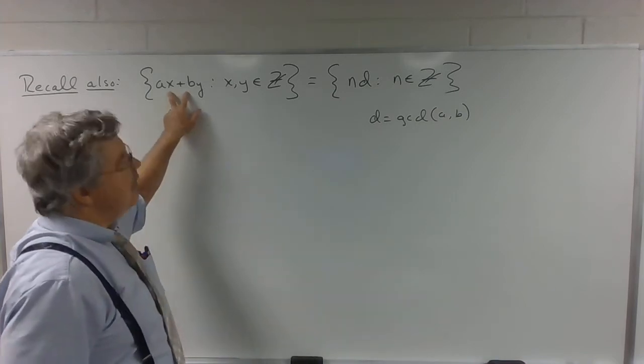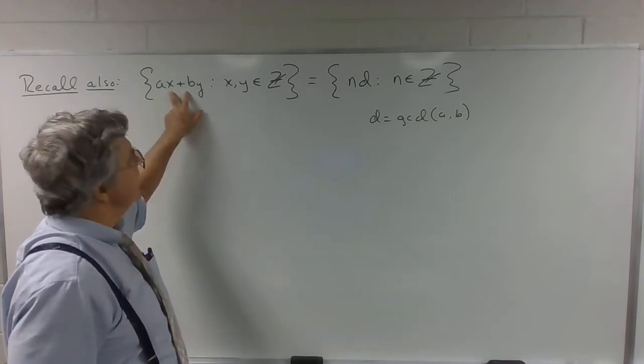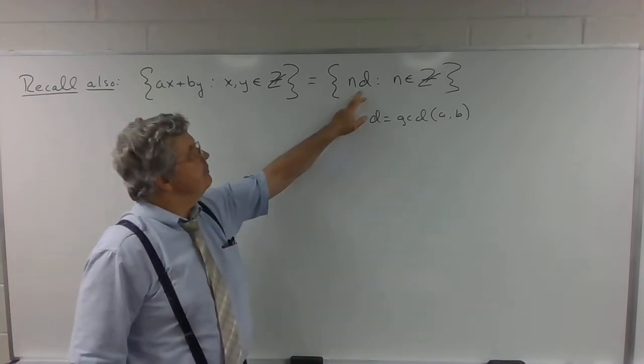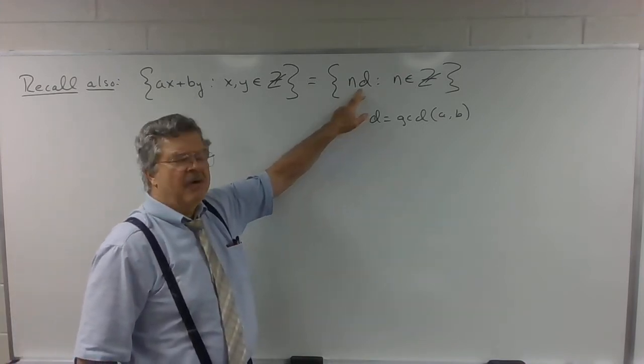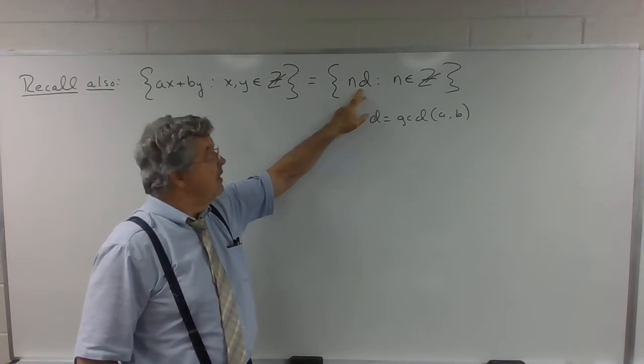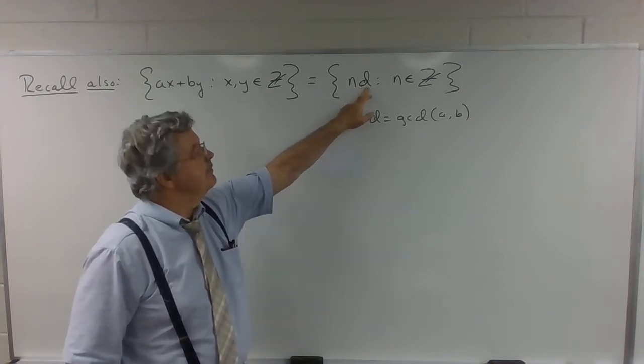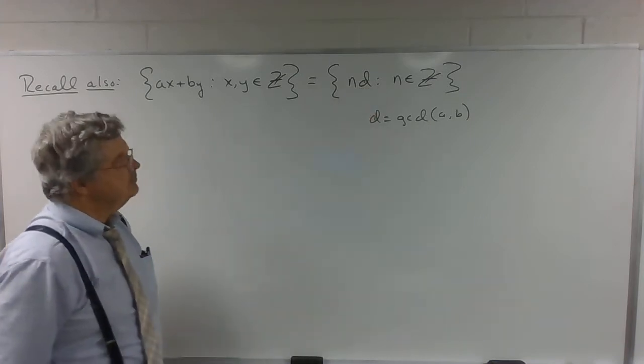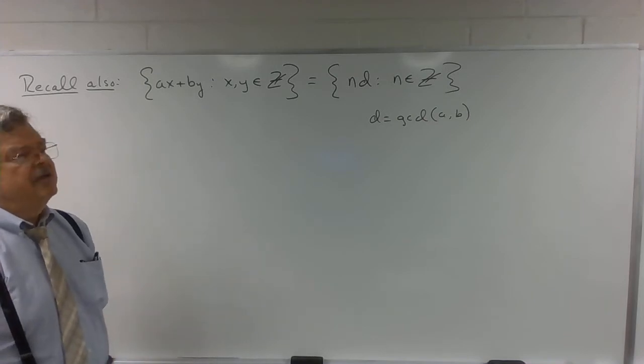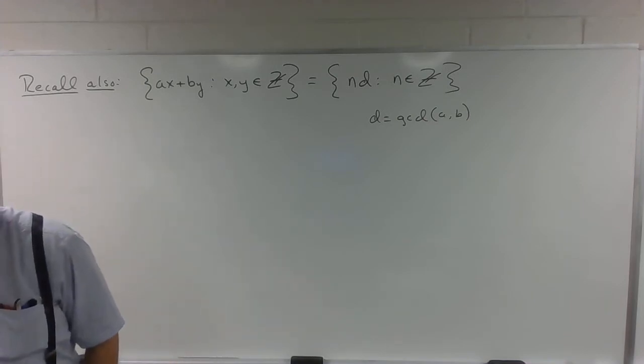So the set of all linear combinations of a and b is the same as the set of all whole number multiples of the greatest common divisor of a and b. Now, there are consequences to this.